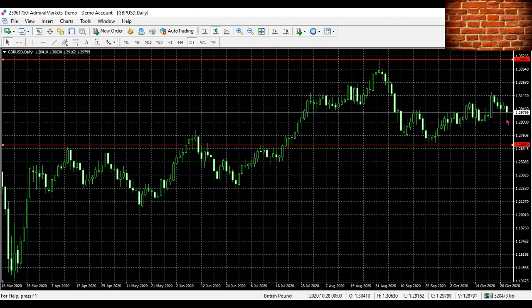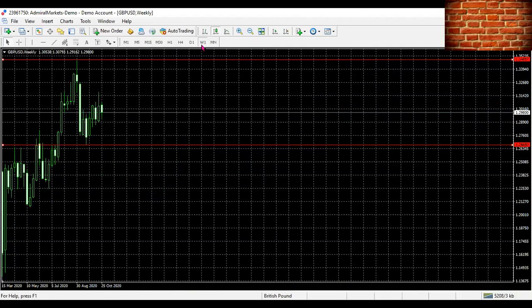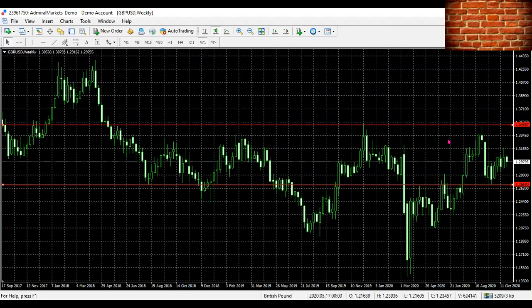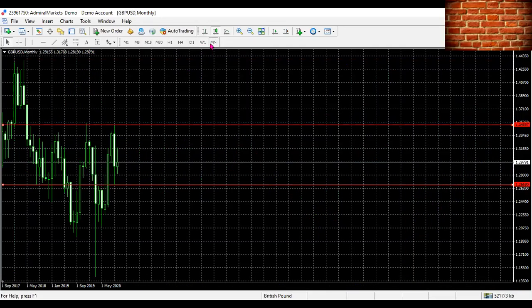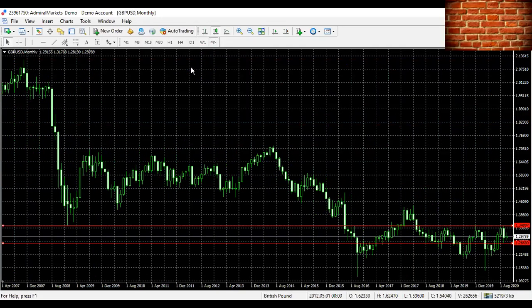Now, if you were trading next Monday, which is the 2nd of November, you would be taking a look at this weekly candle to see whether that is bearish. You'd also be taking a look at the previous month's candle, which will close on Friday. What is that suggesting?